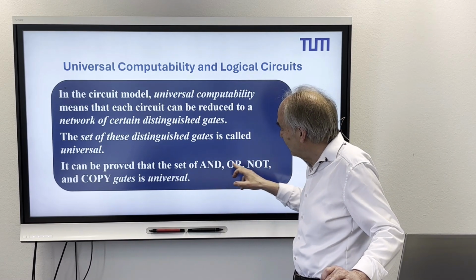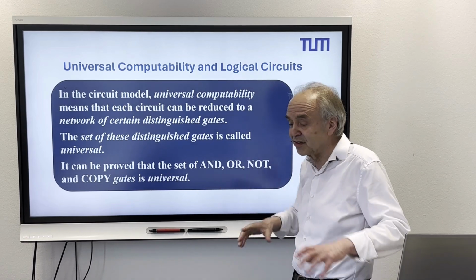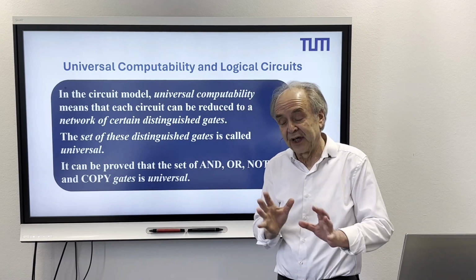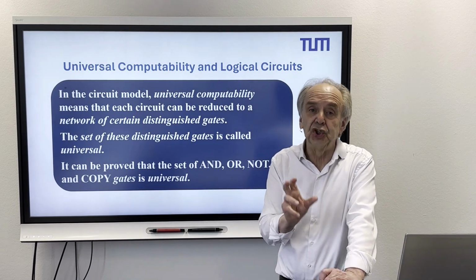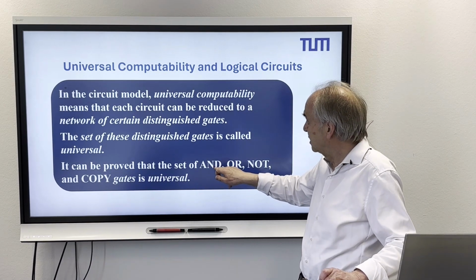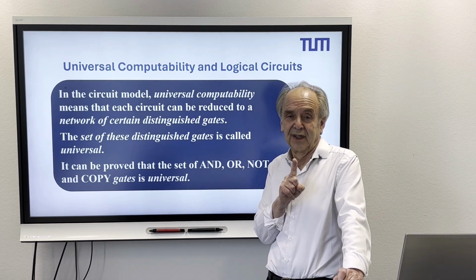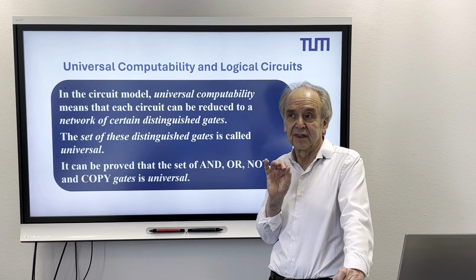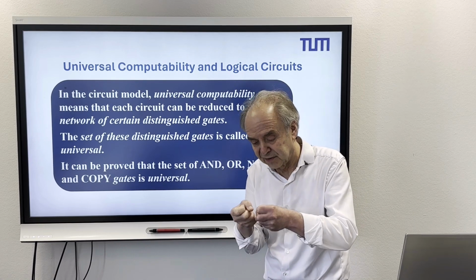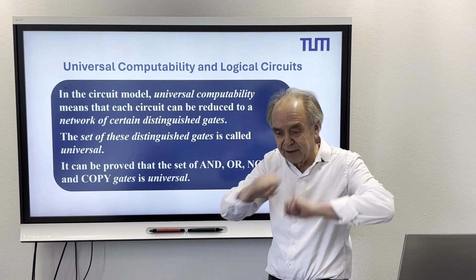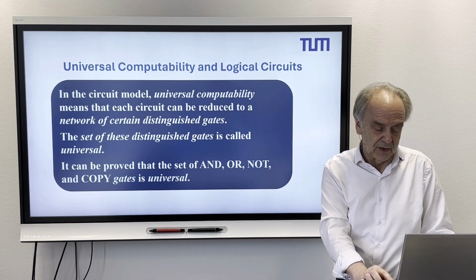But some of these gates are distinguished because they are sufficient to generate all possible circuits, and therefore they are sometimes called universal sets. For example, here the AND or NOT and copy gate. And that is technically interesting, not only logically, because it is sufficient to create these special technical gates, and then, like building blocks, you can combine them to get all kinds of other circuits.